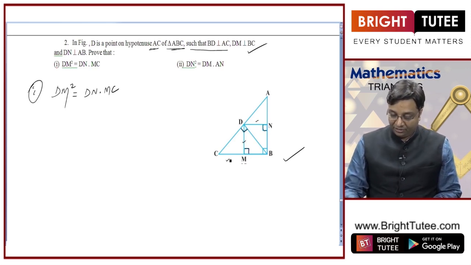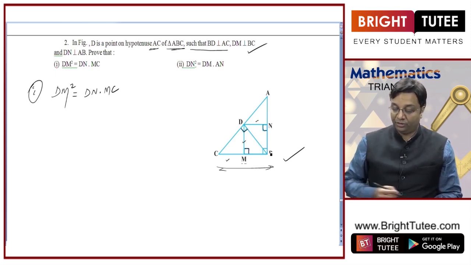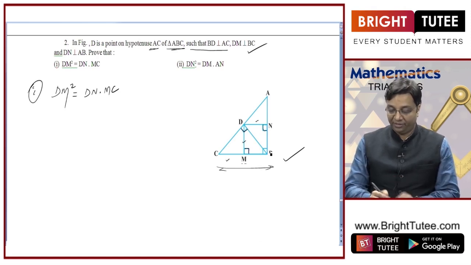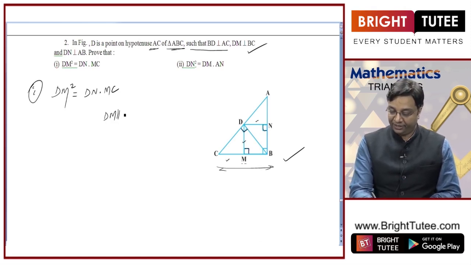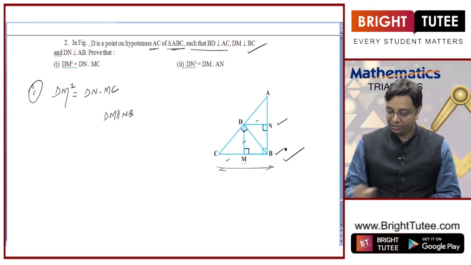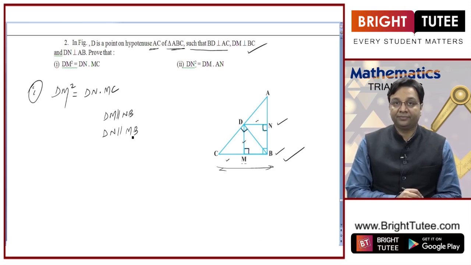The first thing I notice here is that DM is perpendicular to BC and NB is also perpendicular to BC. So DM and NB are parallel. Similarly, DN is perpendicular to AB and MB is also perpendicular to AB. So I can say DN is parallel to MB.